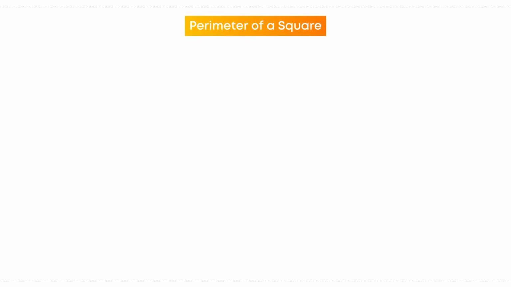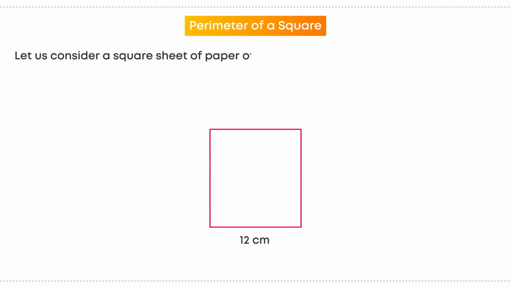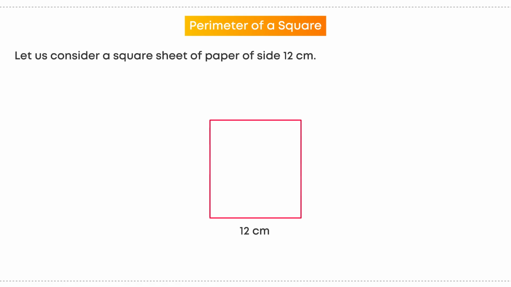Perimeter of a square. Let us consider a square sheet of paper of side 12 centimeters. To find the perimeter of this square, we add all the four sides.